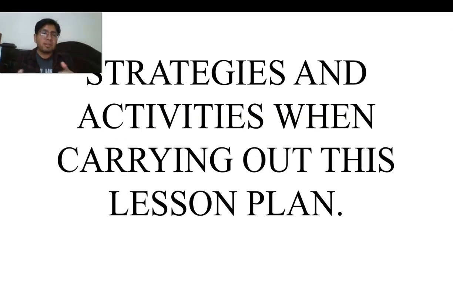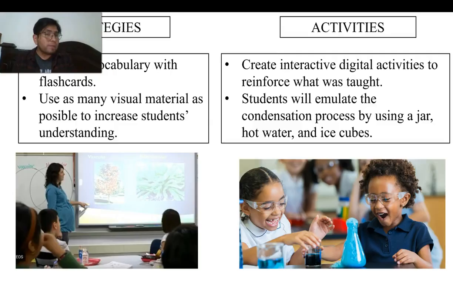Now, strategies and activities when carrying out this lesson plan. The one strategy that I will use is to pre-teach vocabulary with flashcards. So I increase my students' probability of understanding the whole class since they will be ready for the vocabulary that is to come during the lesson.